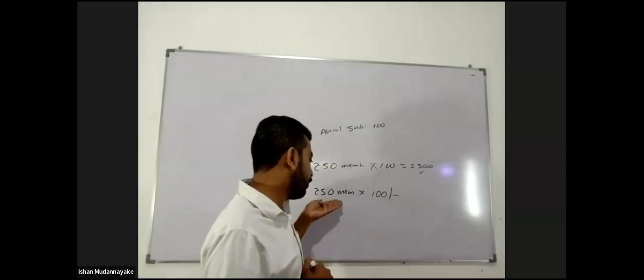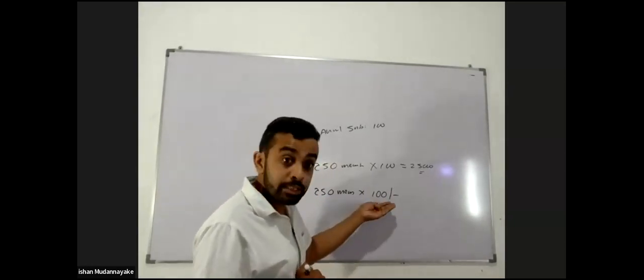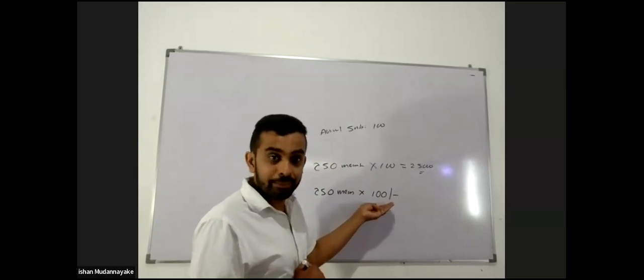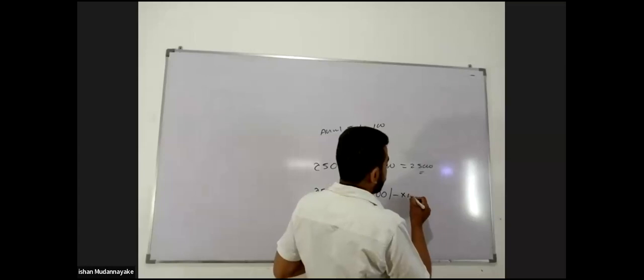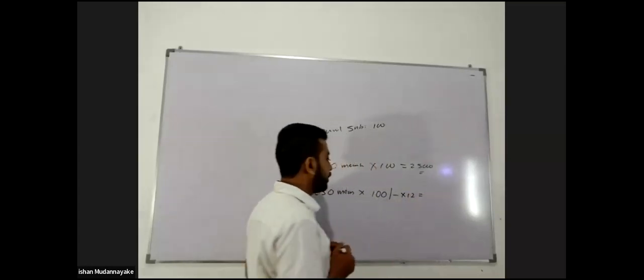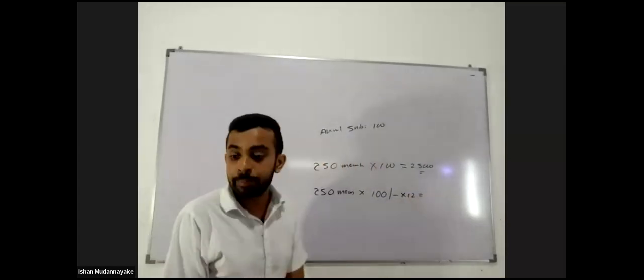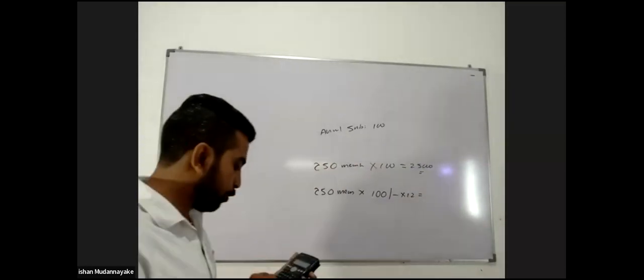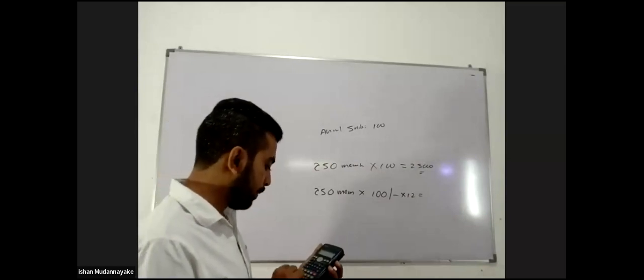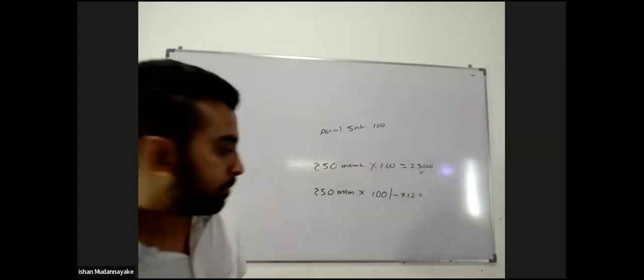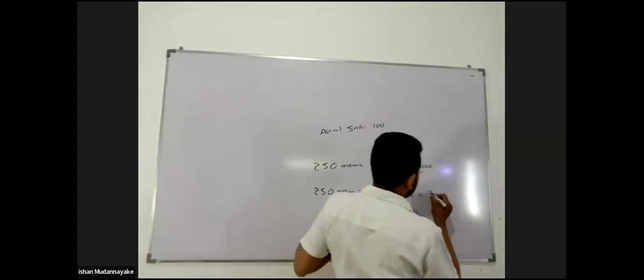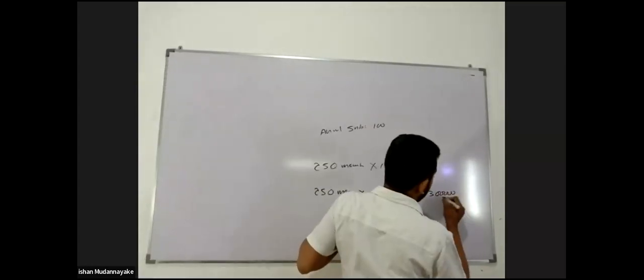Number of members 250, monthly subscription fee 100, and this amount multiplied by 12. So 250 multiplied by 100 multiplied by 12 equals 300,000. The annual subscription fee is 300,000.